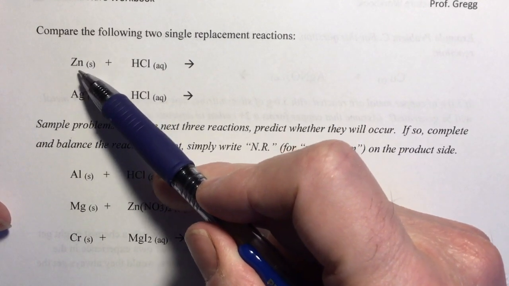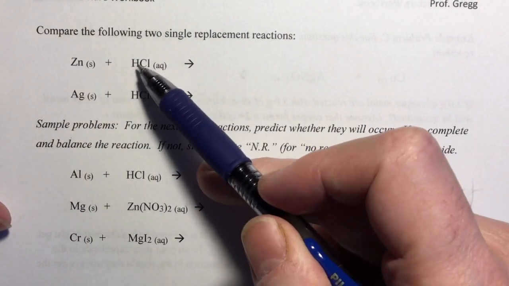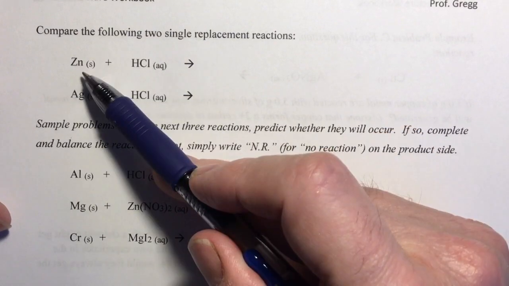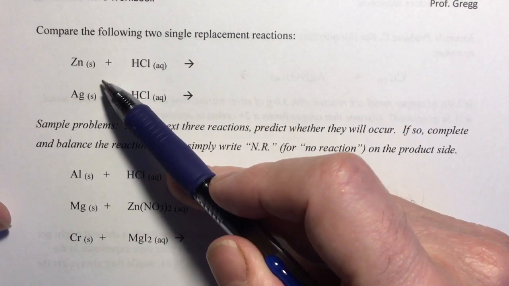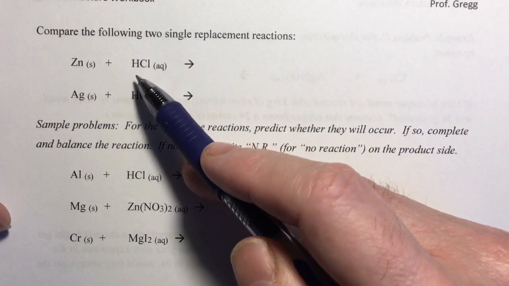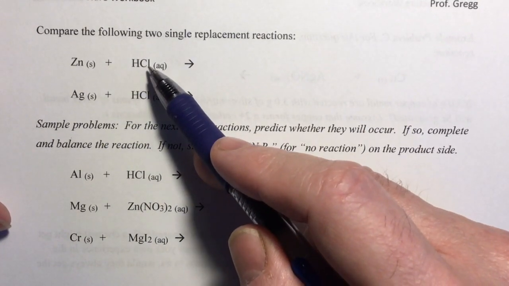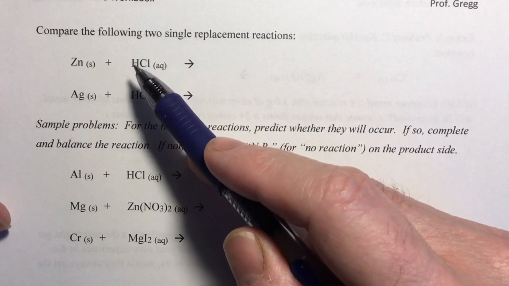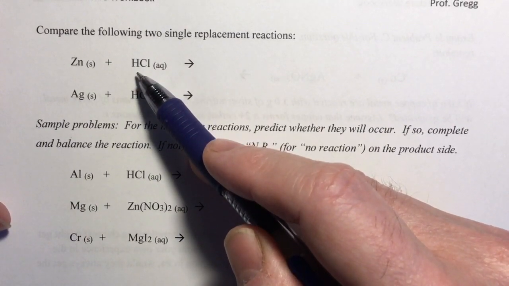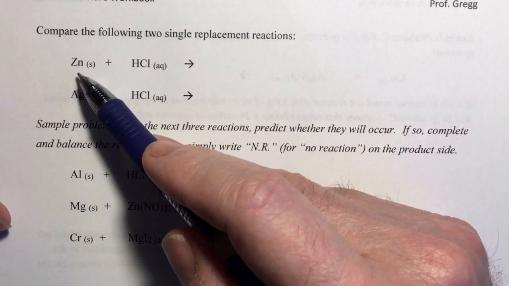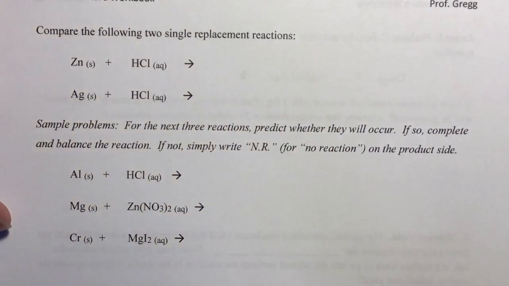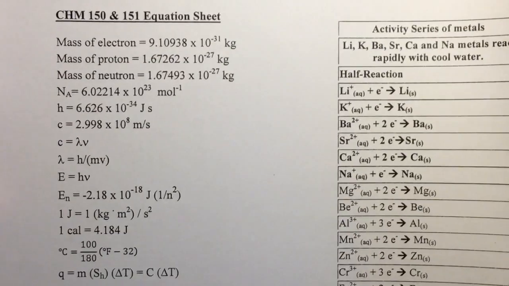If zinc is more active than hydrogen, then zinc prefers energetically to become an ion. And therefore, zinc is energetically going to prefer to be in this compound more than hydrogen prefers to do so. We're going to look at our activity series and see where do zinc and hydrogen occur on the activity series.